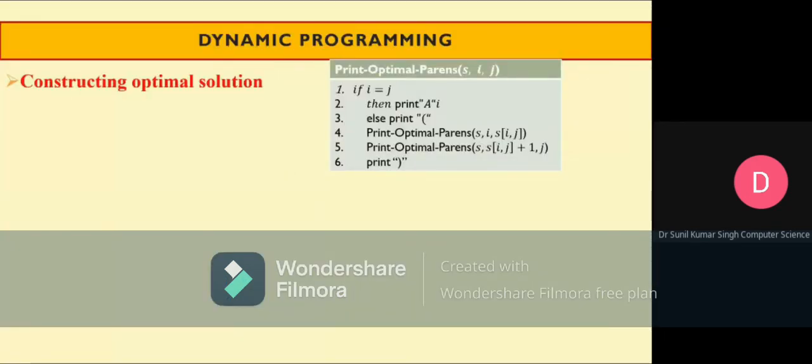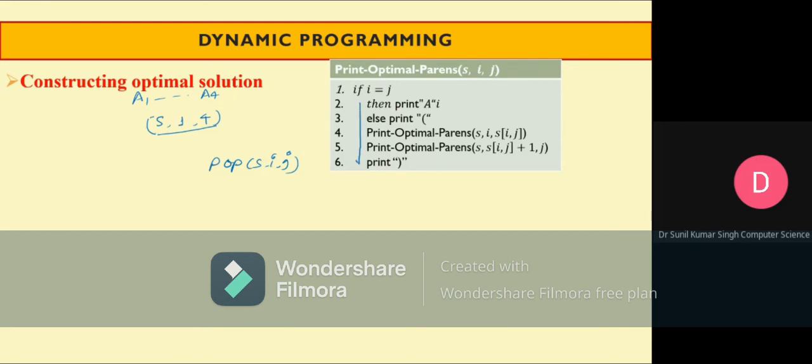Let's look at this one. Here we have to pass the matrix, and the values of I and j. We have taken 4 matrices, A1 to A4. So j is 4, I is 1. We have to pass these 4 matrices, and after applying this algorithm, print optimal parens, let's say PRINT-OPTIMAL-PARENS with s, i, j.